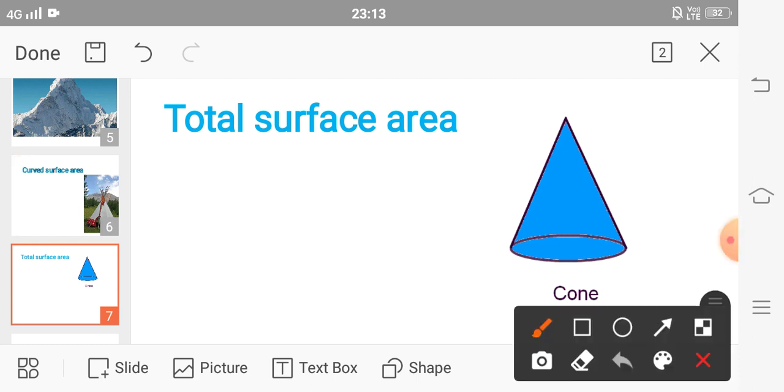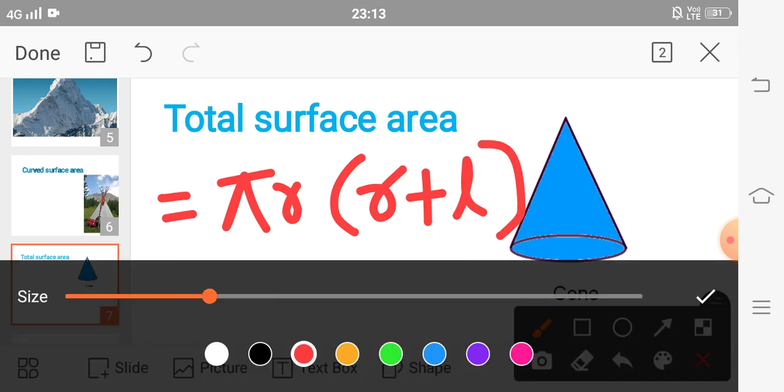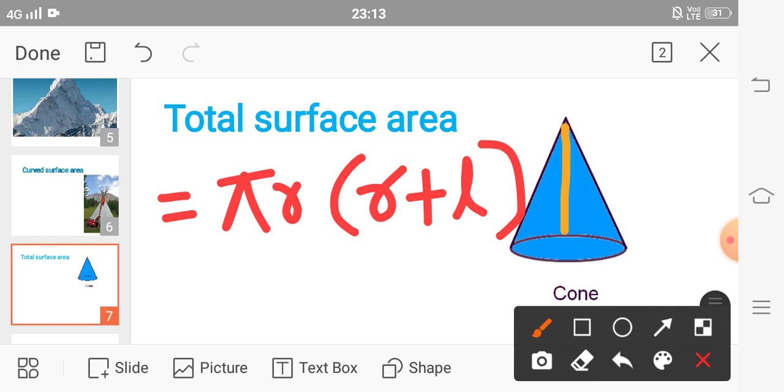Total surface area of cone formula is pi r into r plus L. Here pi is 22 by 7. r is the radius of the base or circular path, the radius of cone, and L is slant height.